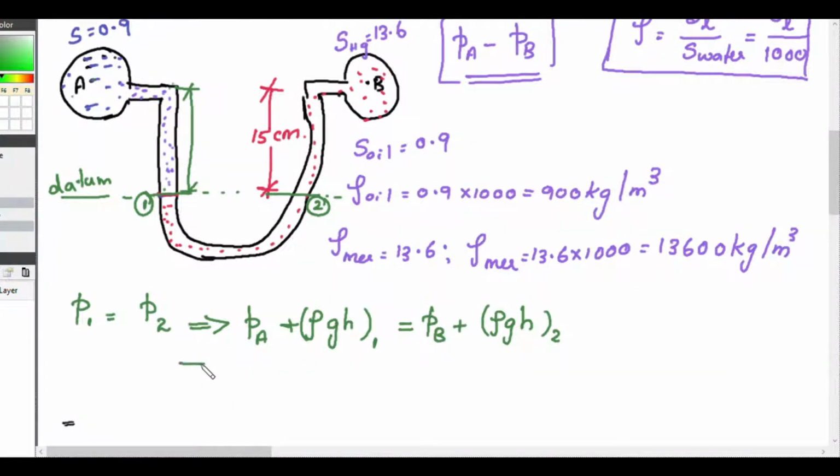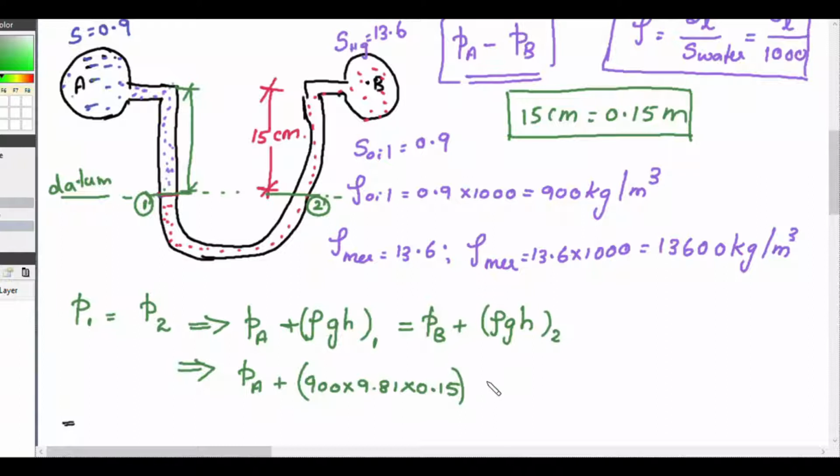Now, this is pressure at A plus that at 1. See, this is oil. The liquid in the pipe is oil. Density of the oil is 900 into g is 9.81 multiplied by this distance. H1 is 15 centimeter, so it is 0.15, we are converting it into meter.